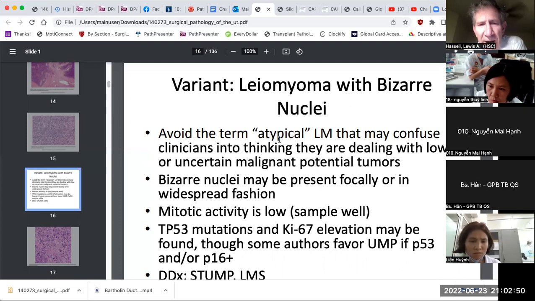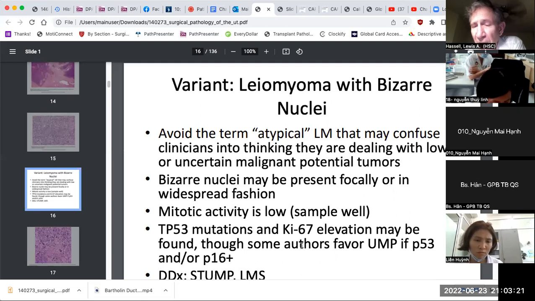I will report them as leiomyoma with bizarre nuclei morphologically, but if I detect P53 or P16 positivity or mutated status, I will report that and suggest that there's some evidence that these tumors have an uncertain malignant potential, and that in light of this mutation status, more rigorous follow-up is probably warranted.